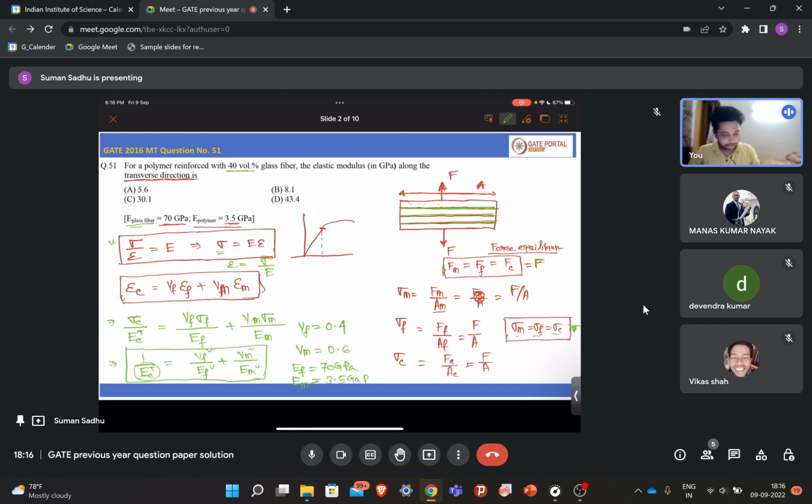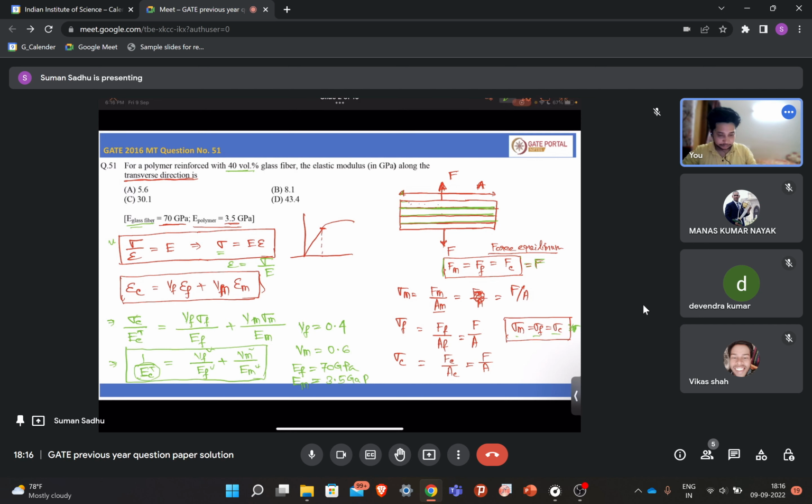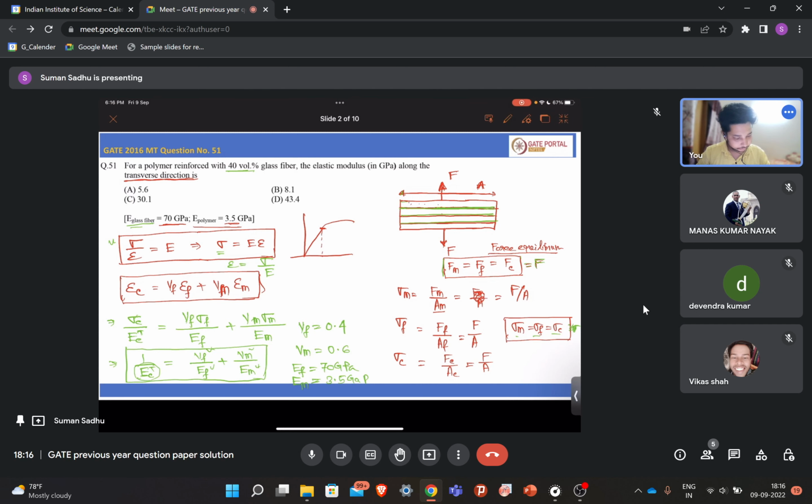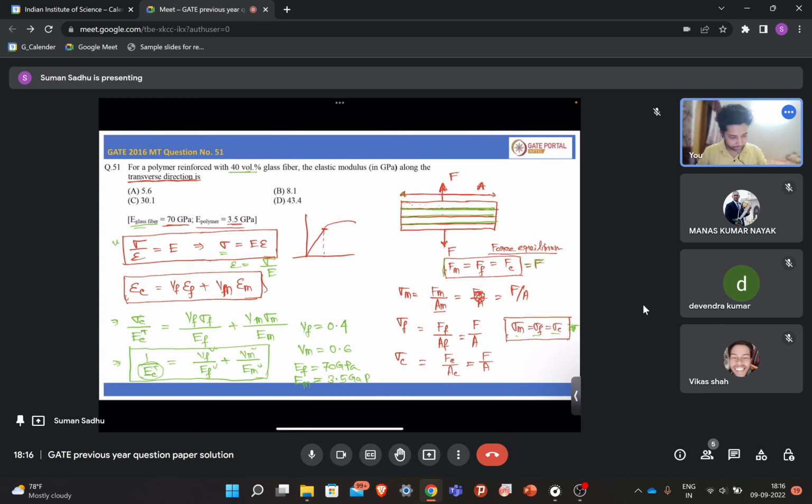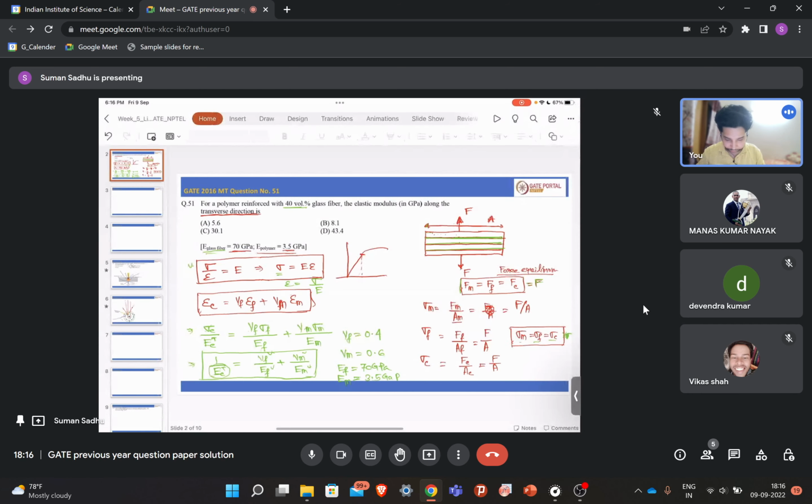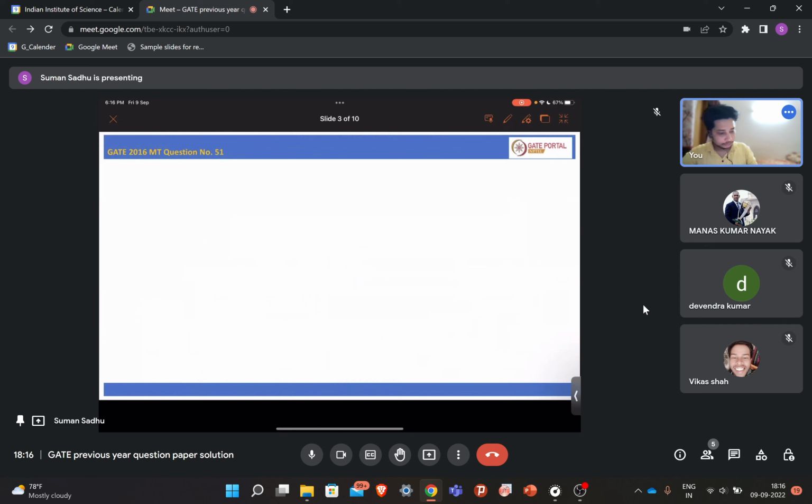So now let us put these values into this equation. So what will be the value of EC then? So 1 by E C in the transverse direction is equal to volume fraction of the fiber, that means 0.4 divided by 70 gigapascal plus 0.6 divided by 3.5 gigapascal, right?